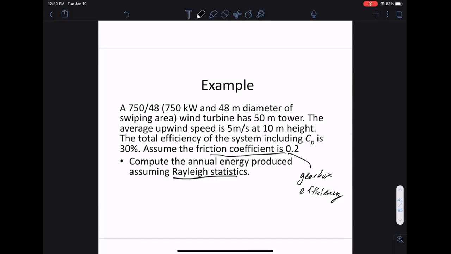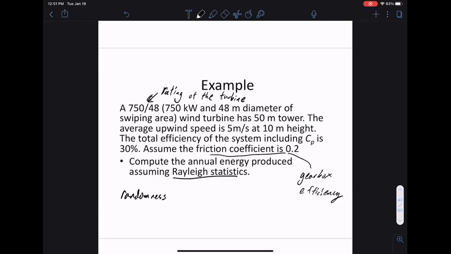So here you can think of this as a rating. These are the ratings of the turbines. It doesn't mean the turbine is always operating at 750 kilowatts.